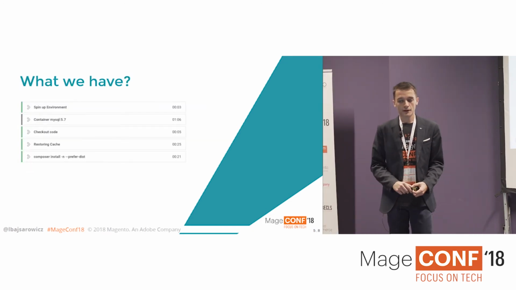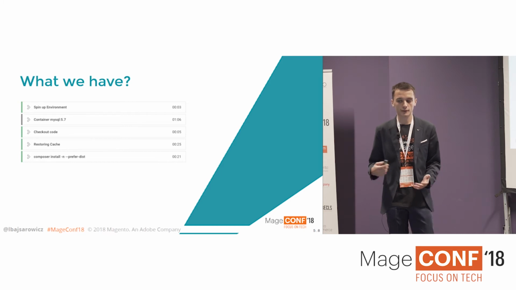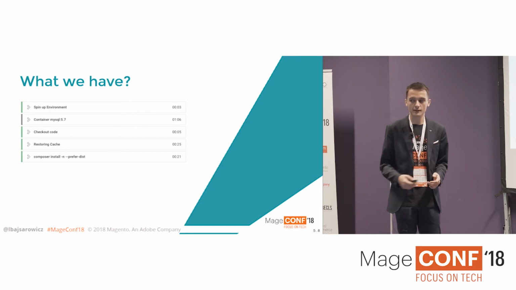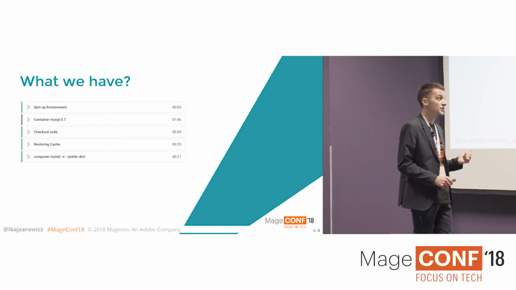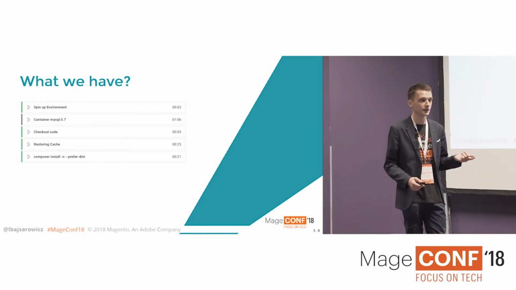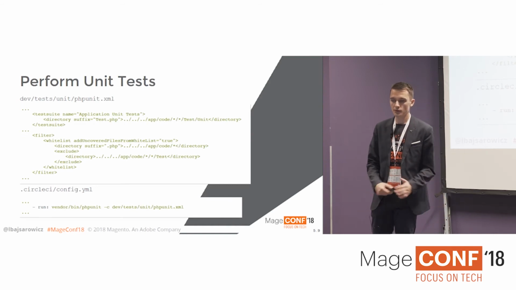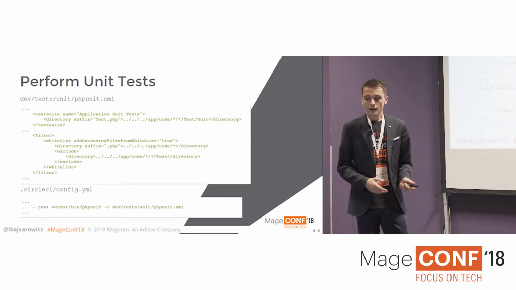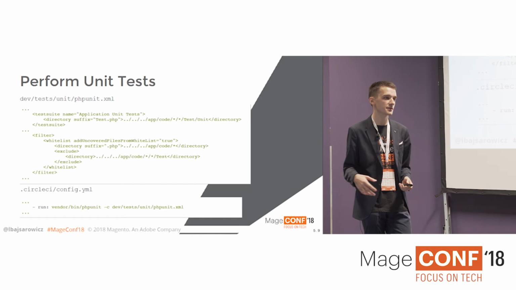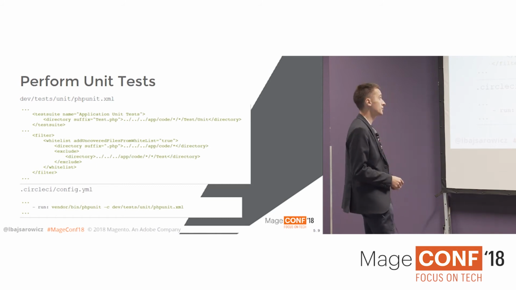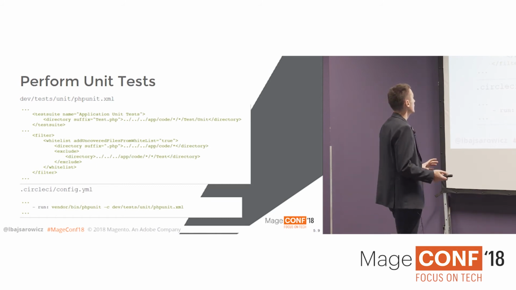So what we have green are 4 steps that are related with setting up the dependencies. But it's not running Magento. It's not running any tests. So let's perform some unit tests. And the best way for the beginning is just copy-paste of the dist files and create your own phpunit.xml files.